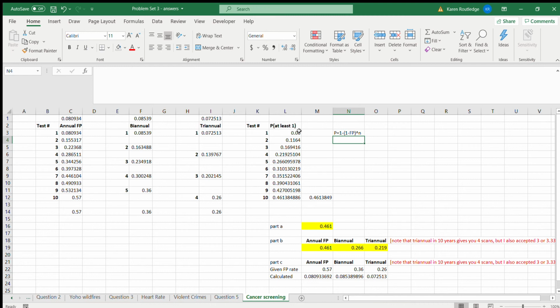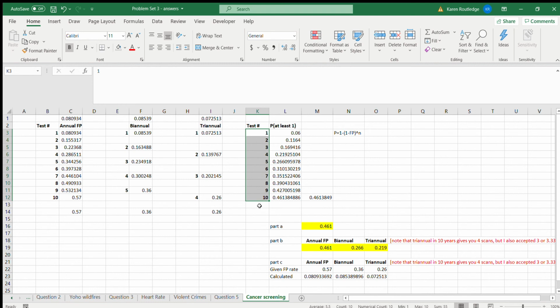You need a number of times that something happened, which is a little tricky, but we know we want at least one. And you need a fixed number of attempts, and we had that too. In annual testing for 10 years, we have 10 attempts. So it seems reasonable that we could use the binomial equation, and it turns out that yes, indeed, we can.